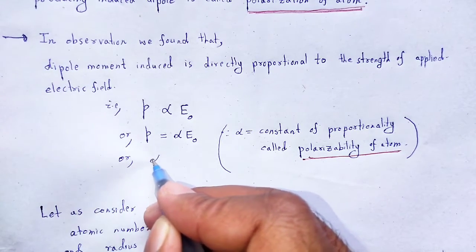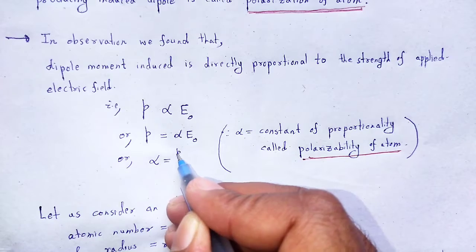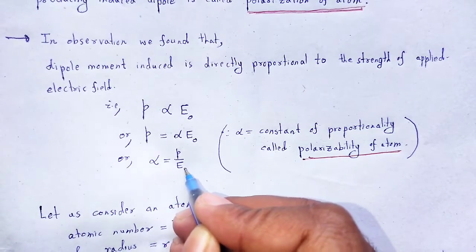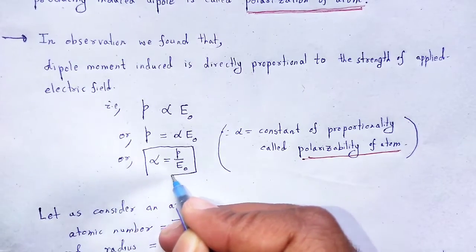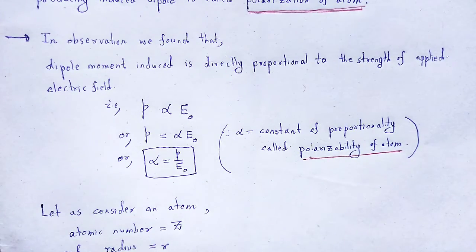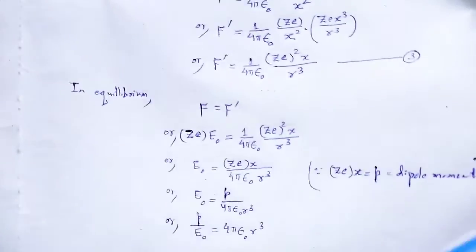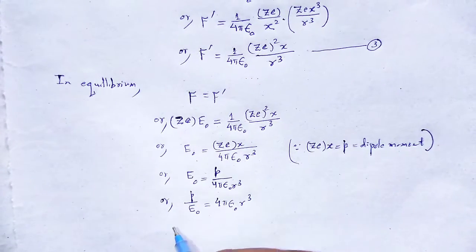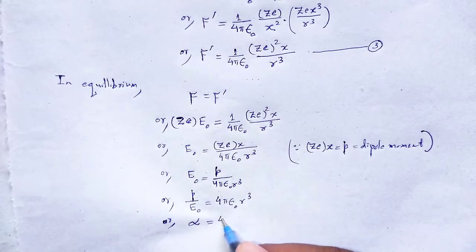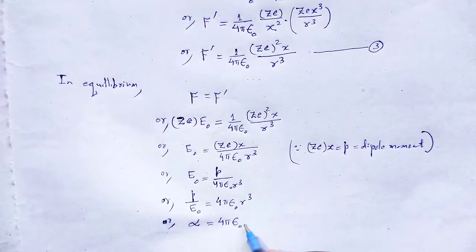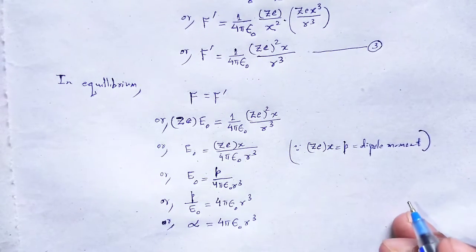Therefore, alpha is equal to p by E naught. Now, mathematically we show p by E naught, that is alpha, is equal to 4 pi epsilon naught r cube.